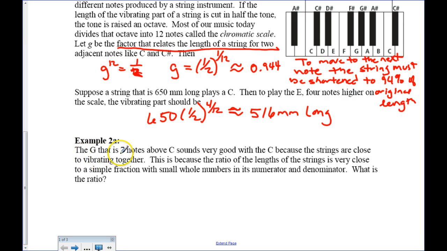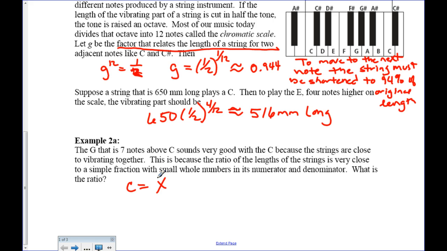It says G, that is 7 notes above C, sounds very good with C because the strings are close to vibrating together. This is because the ratio of the lengths of the strings is very close to a simple fraction with whole numbers in its numerator and denominator. What is the ratio? I'm going to say the length of C is just X. We don't know what it is.